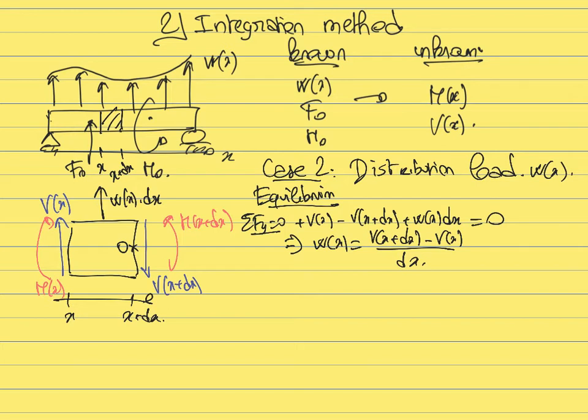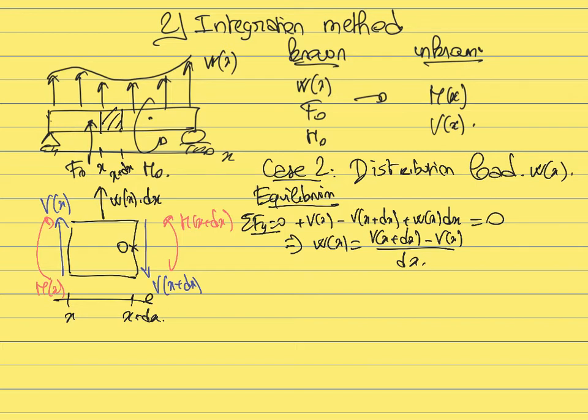What this means is that if dx is infinitely small, if dx tends towards 0, then what we have here is the definition of the derivative. The derivative of the function V with respect to x is equal to the increment of the function along the y-axis divided by the increment along the x-axis, which is exactly the value of the function at x plus dx minus the value of the function at x, divided by dx.